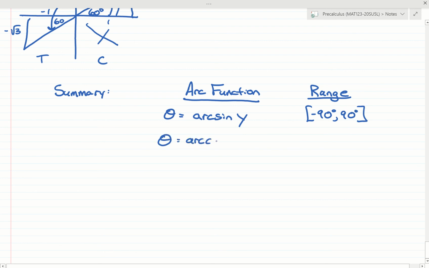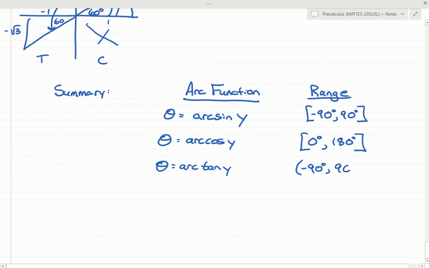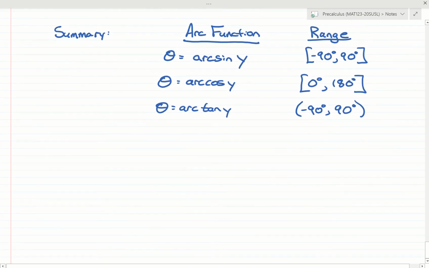Arc cosine is restricted between 0 degrees and 180 degrees. And arc tangent is restricted from negative 90 degrees to positive 90. We just can't include negative 90 or 90 because those are asymptotes.